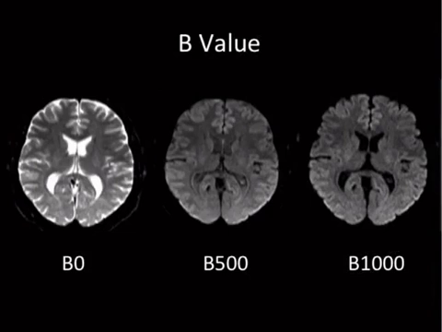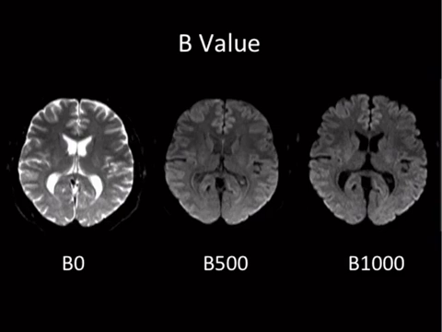So a take-home point is to think about diffusion as a type of tissue weighting. Just like TE and TR determine how much T2 or T1 or proton density you've got going on, diffusion has this thing called a B factor, and that controls how much tissue's ADC contributes towards the weighting of the image.